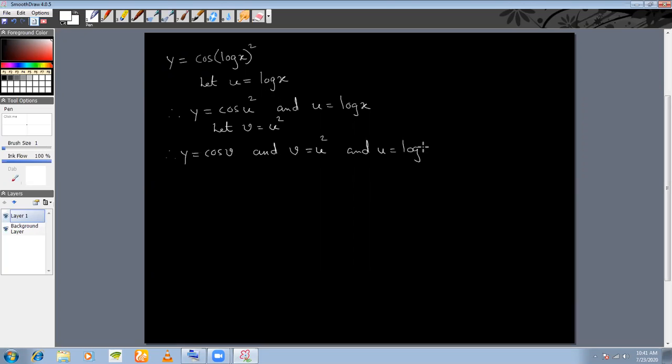You understood till this part or not? You saw how I'm making the chain. Now I'm going to differentiate this chain. Okay, that means dy/dv, because y is a function of v now, is minus sine v, isn't it?